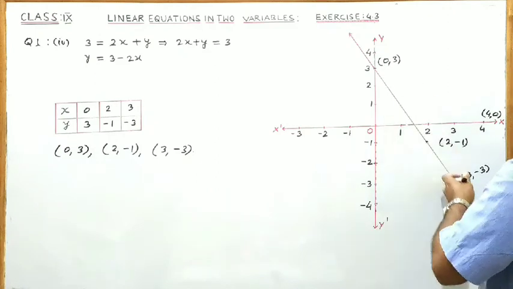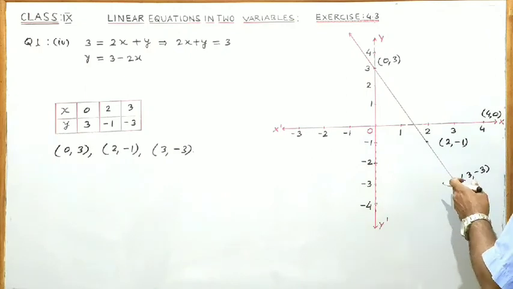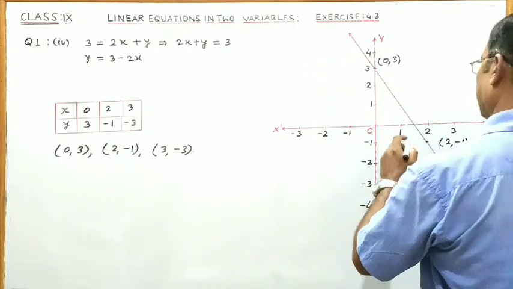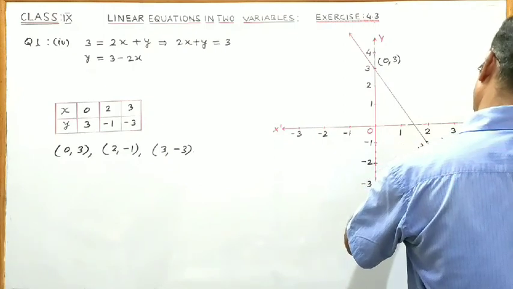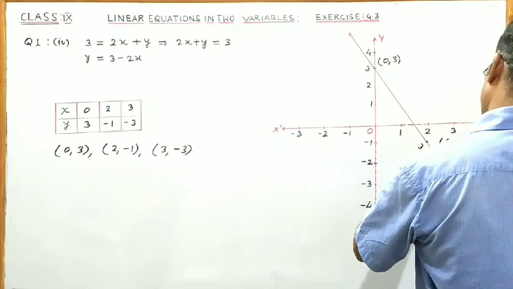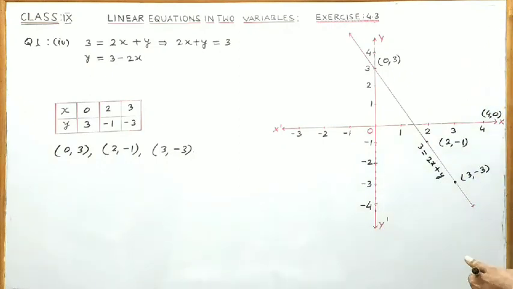So near this straight line, which is graph of the given linear equation, you have to write the given linear equation. You can write 3 is equal to 2x plus y, or even you can write 2x plus y is equal to 3. And this way, graph of this given linear equation 3 equal to 2x plus y is drawn.